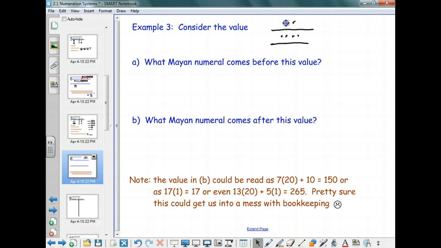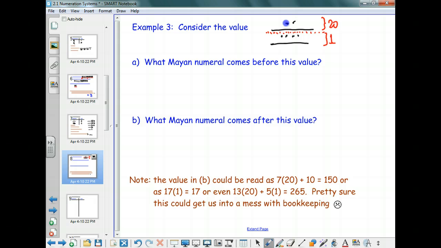But let me draw the one that would be most natural for what we're using here, okay? Most natural would be to say that this is where the values break apart. Okay, so this right here would be the ones place, and this would be the 20s place. Again, this isn't ideal, and we'll see why here in a minute if we think of it, but this is a natural way to break apart.